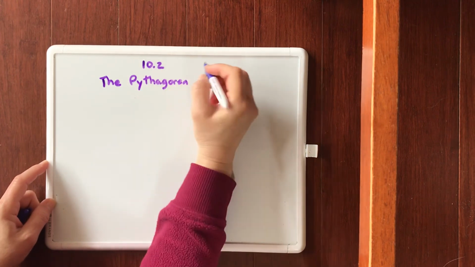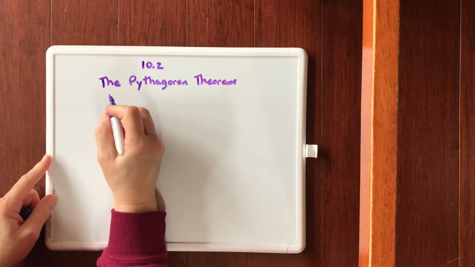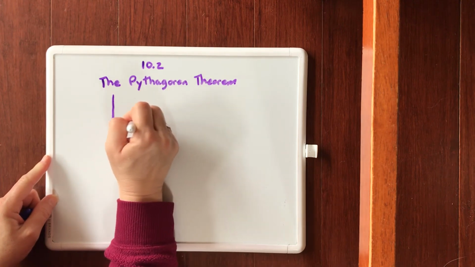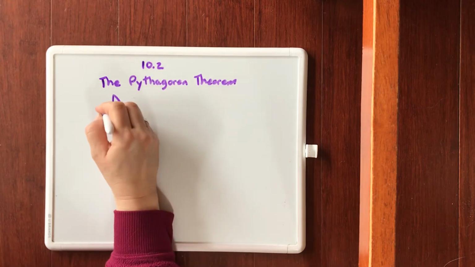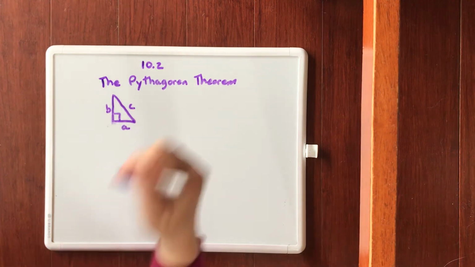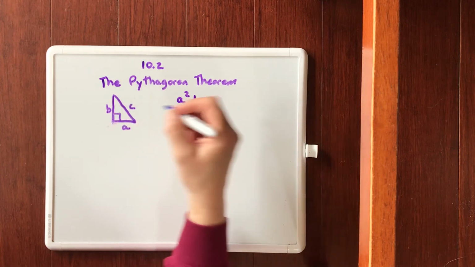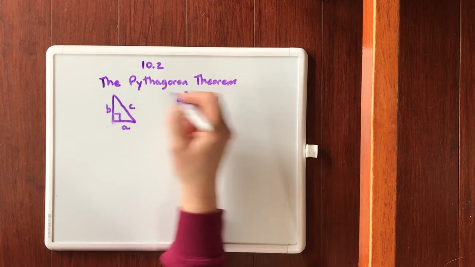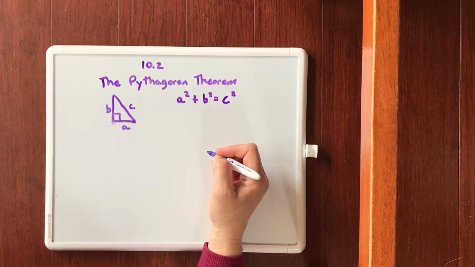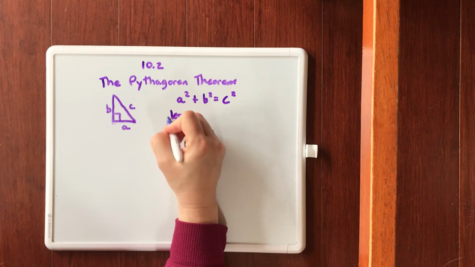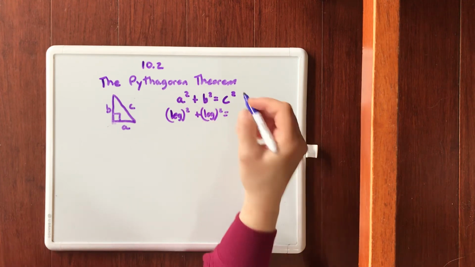If we have a right triangle, it has to be a right triangle, we're going to call this side A, this side B, and this side C. The Pythagorean theorem states that if we square this length and square this length, we call those the legs, it equals the hypotenuse squared.